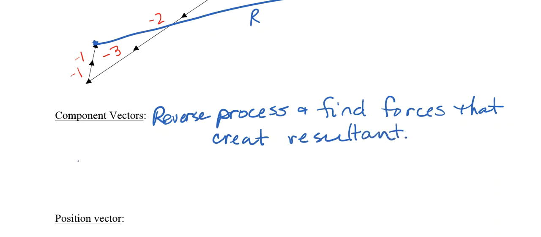So what will happen is you'll be given an actual vector, and that'll be the resultant vector. And so they'll ask you, well, how did that happen? And you'll find just two parts. You'll find a horizontal part that would create that, and you'll find a vertical part that would create that. These two pieces here are the component vectors that created those.